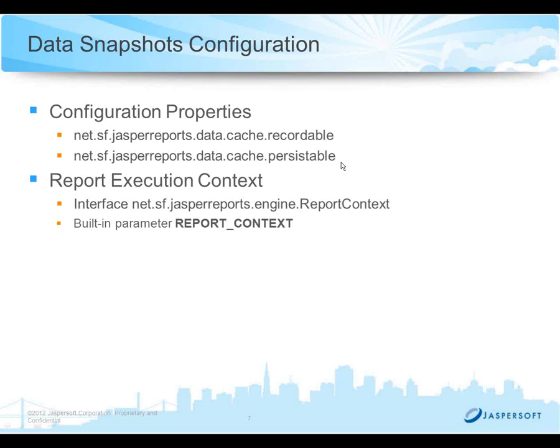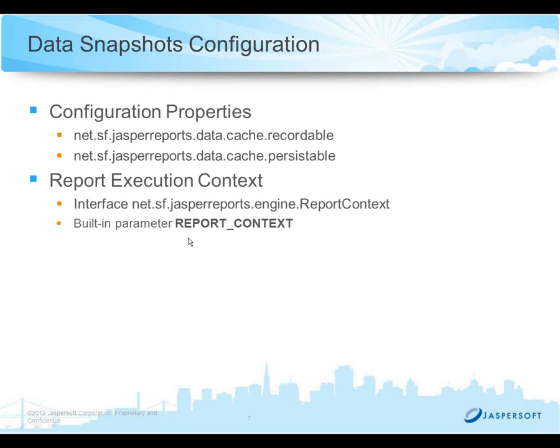And the second one is the one that I specifically turned on in my server, because by default it's false, and it allows me to actually persist the data snapshots that I'm making use of through the first property. And the last detail here is about how to make use of the data snapshot functionality in applications embedding our library.